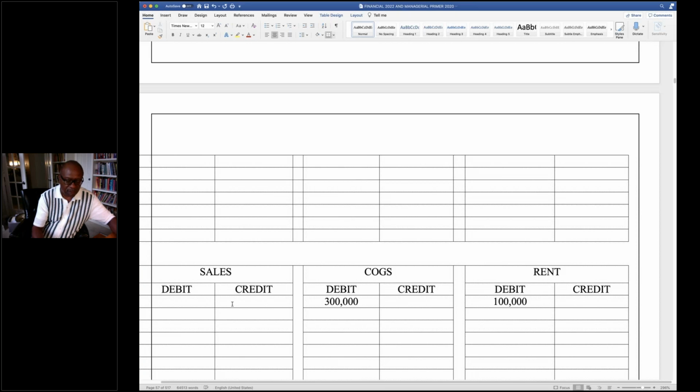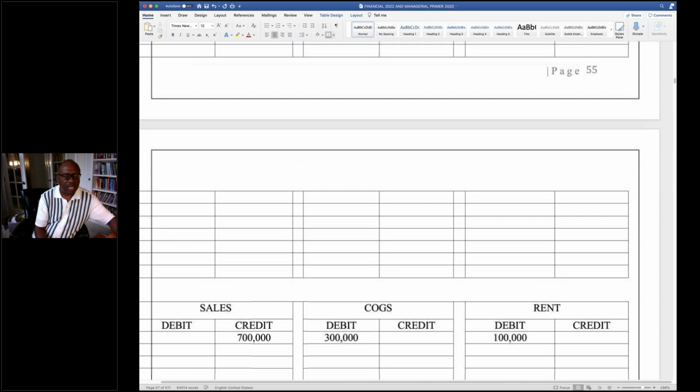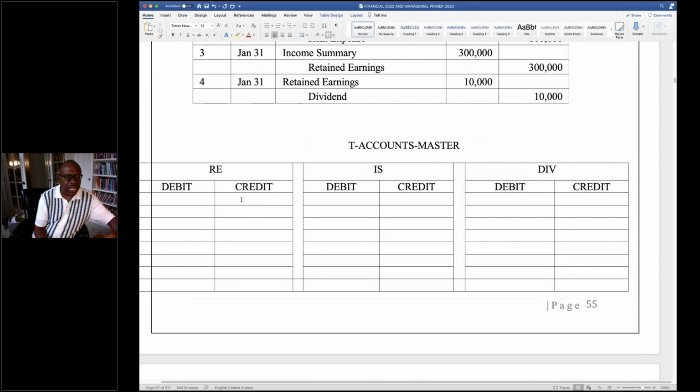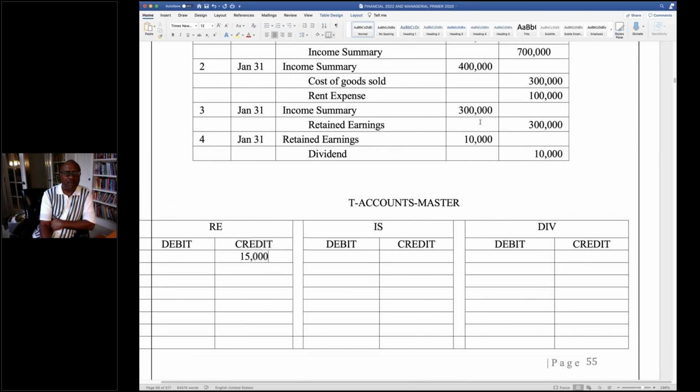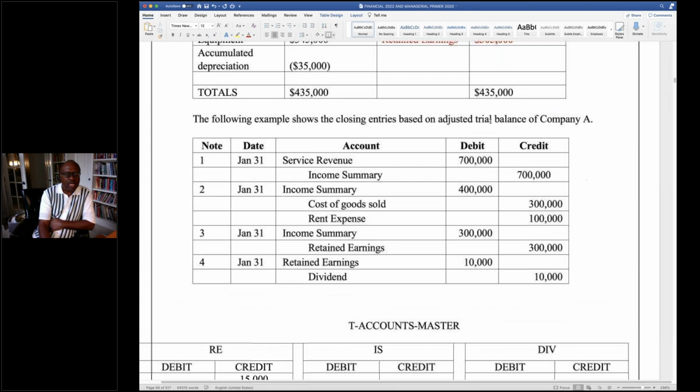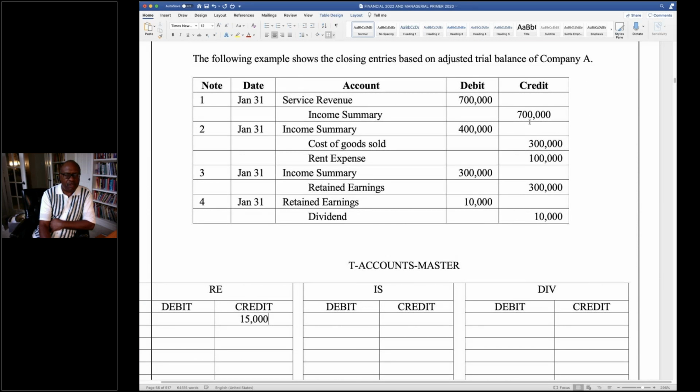And sales? 700,000. And this retained earnings account had a credit balance of what? 15,000. And once we finish our closing entries, how much is supposed to be in retained earnings? 305,000. Okay, 305,000.